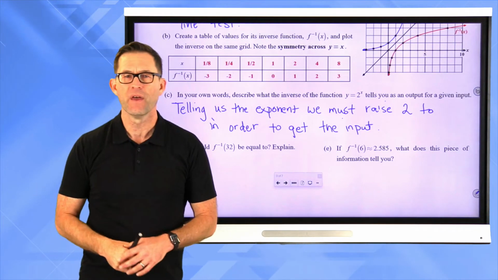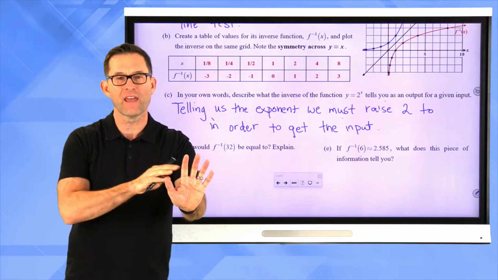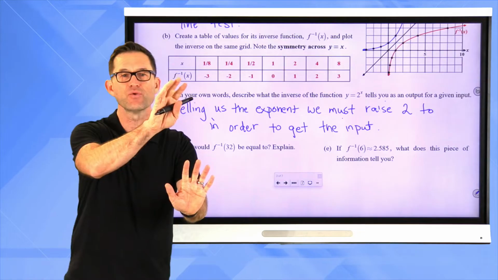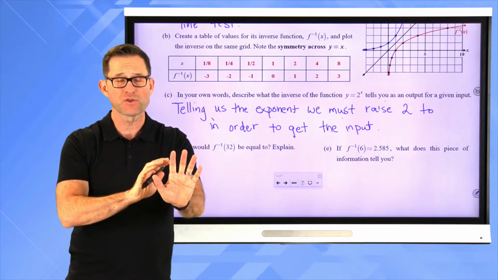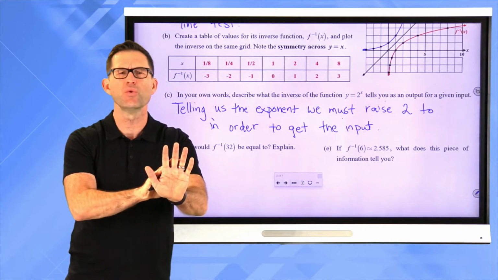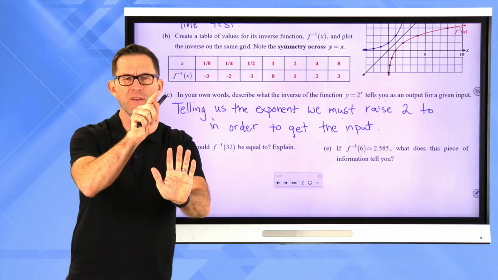Exponential functions take a fixed base and they tell you the result of raising that fixed base to a particular input that is the exponent, right? So for an exponential function, the base is set. You know, it's 2 to the x, it's 5 to the x, it's 1/10 to the x, whatever. And what you're changing is the exponent.